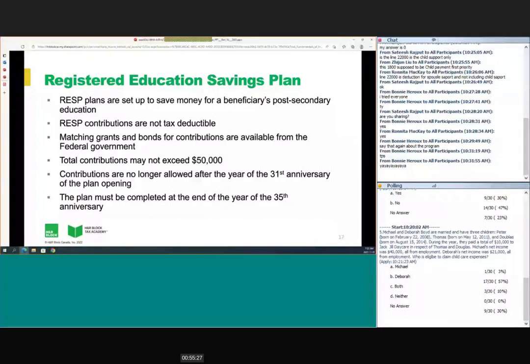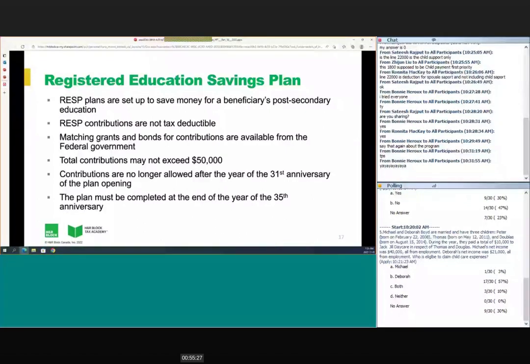What makes RESPs valuable is that there are matching grants and bonds for contributions available from the federal government. So if you have the means and you have children, if you don't set up an RESP, you're losing these grants and bonds that your children could be entitled to, and you as a family.